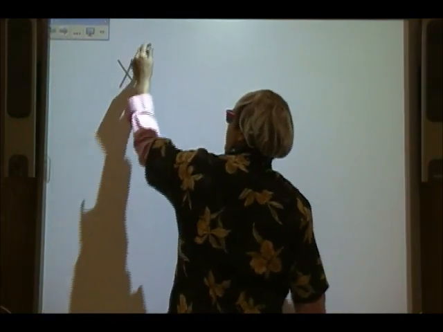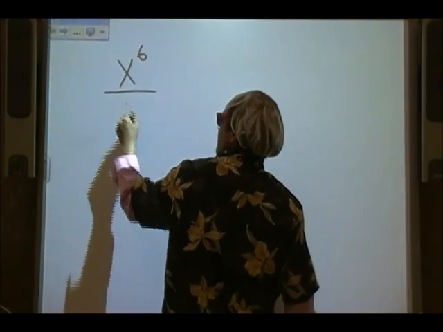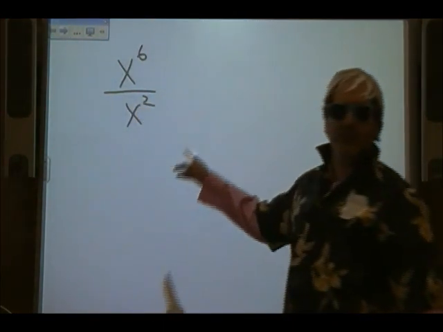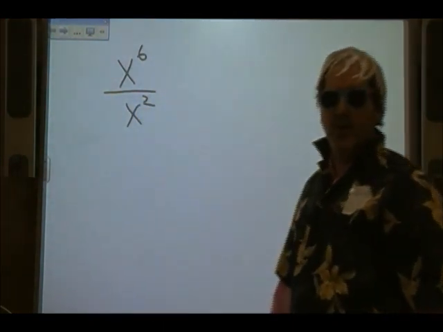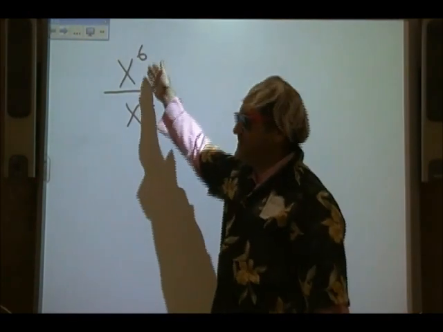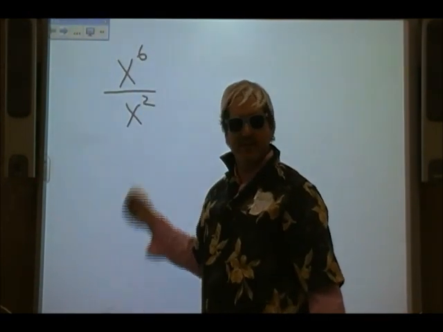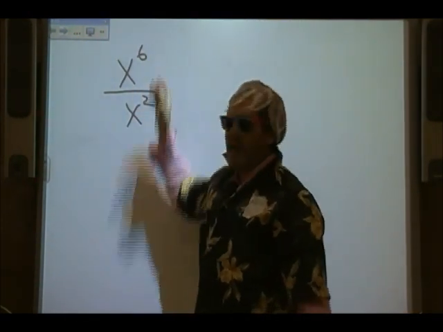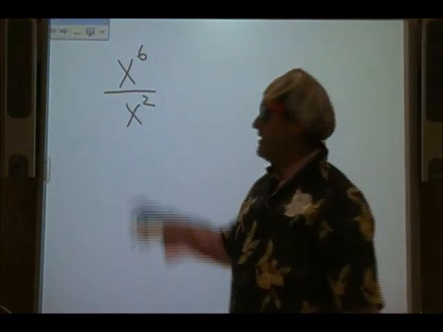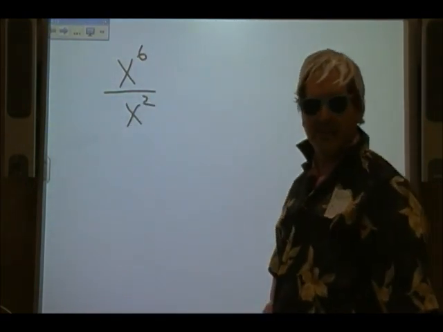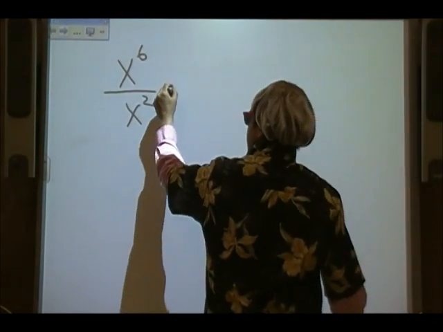How about x to the 6 over x squared? Now we're doing division. Okay? Some people go, wow, what is this? Do I subtract these and make it x to the 4? Or am I dividing and making it x to the 3, because 2 goes into 6 3 times? Well, what is x to the 6?